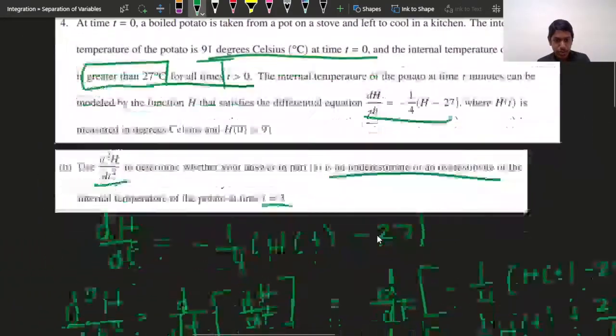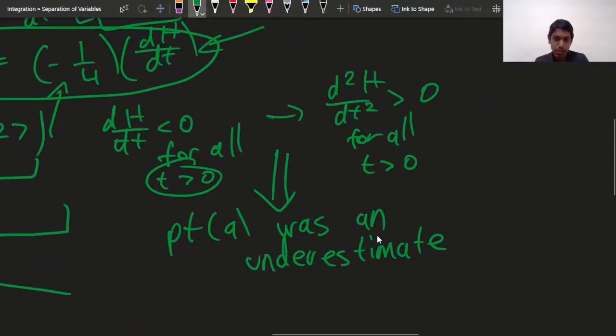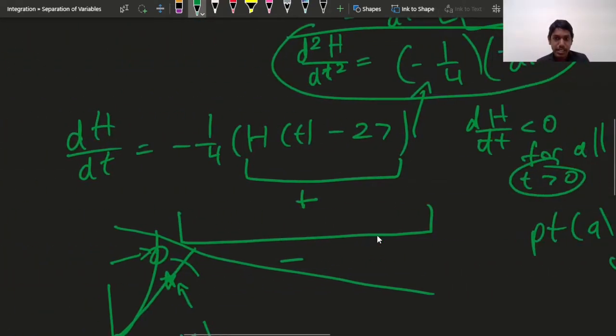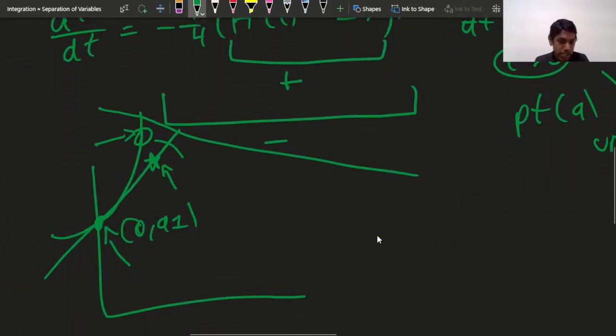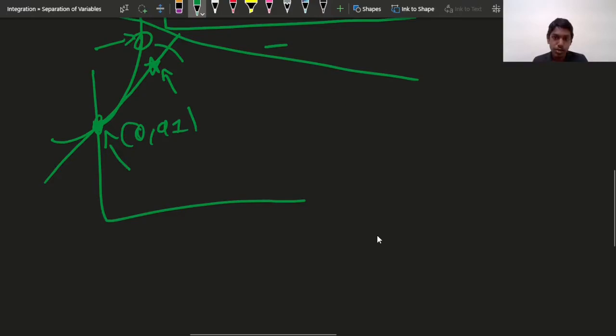Okay, so yeah, and some important things that I want to emphasize again. You have to make sure that you check all the way from 0 to 3. You can't just say that it's positive at one point and then conclude that that justifies that it's an underestimate or overestimate. Because you can do all sorts of crazy things.